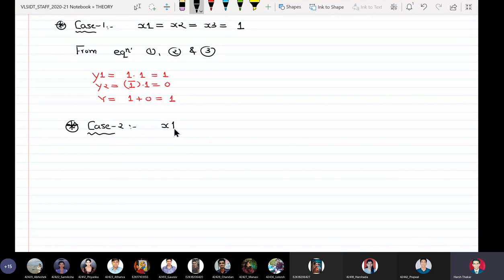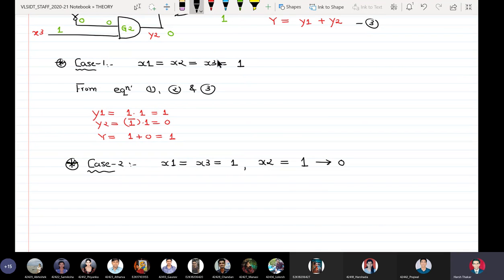We have x1 equal to x3 equal to 1, and x2 changes from 1 to 0. In the second case, x1 and x3 remain unchanged, but x2 changes from 1 to 0.